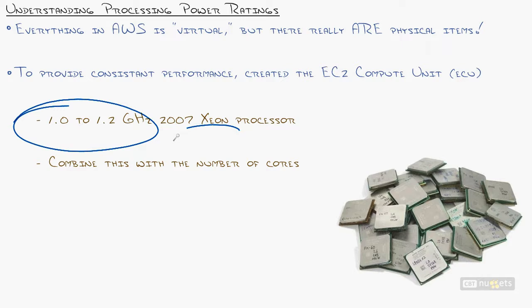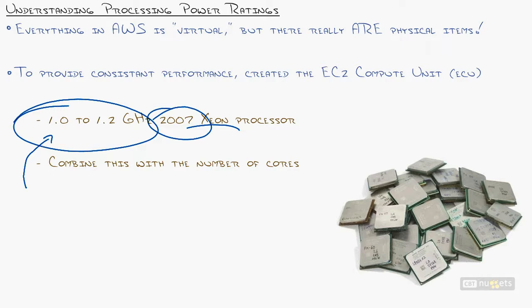I mean, here we are, 2013 and beyond. Why are we talking 2007 processors? Well, are there 2007 processors actually running these servers? No, they're not. Amazon has just scaled it in such a way and provisioned the resources of their servers in such a way that 1 ECU equals 1.0 to 1.2 gigahertz, or speed of your processor unit, so that you can accurately scale your servers according to that.